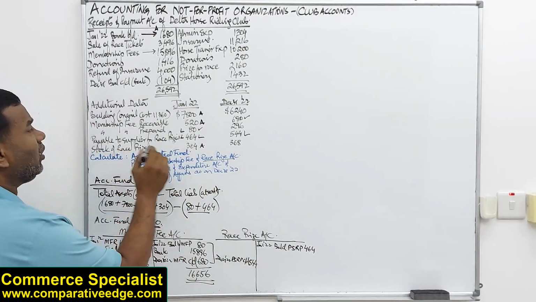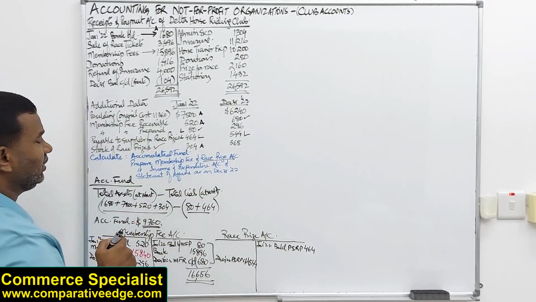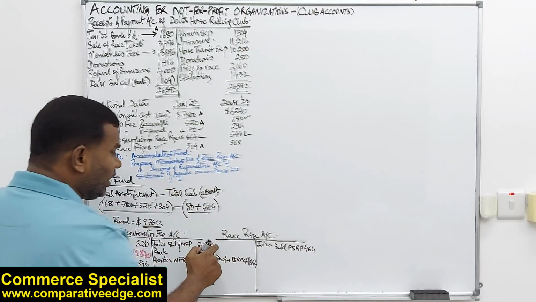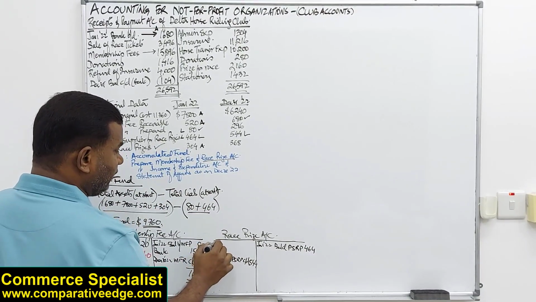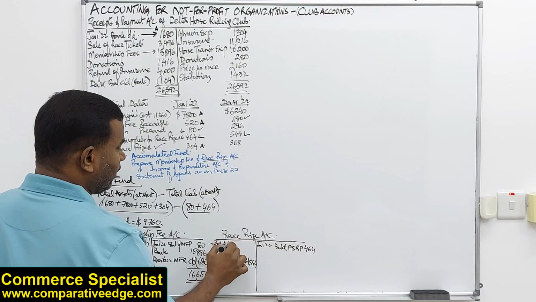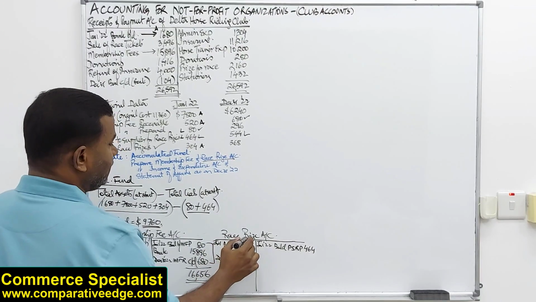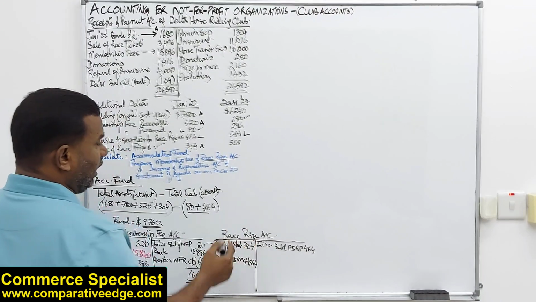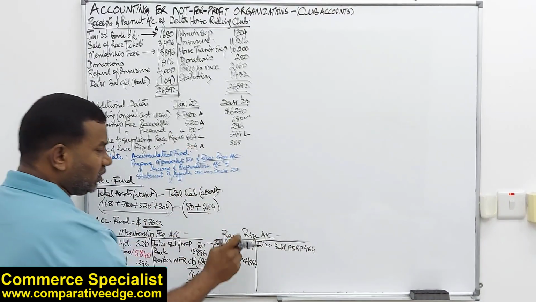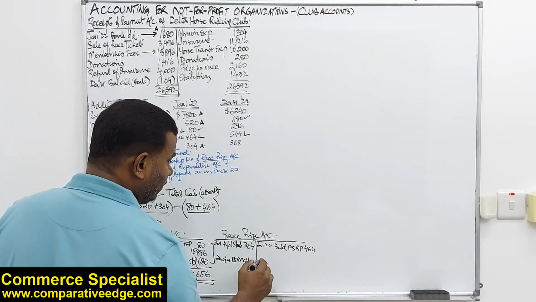Likewise, we have stock of raffle prizes, which is an asset. Opening balance asset will be on the debit side always. So I'm writing here January 1st, balance brought down of stock of raffle prizes, which is 304. And obviously opening balance of an asset, if it's on the debit side, closing balance of the asset will be on the credit side.